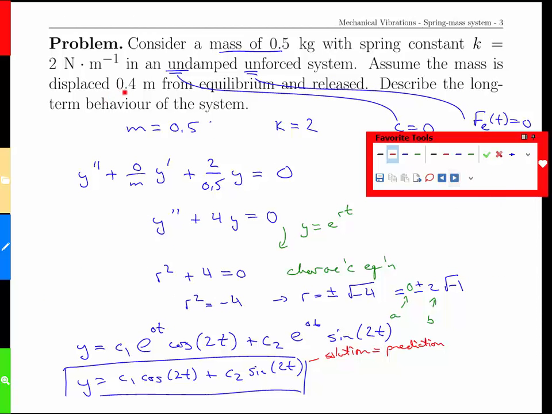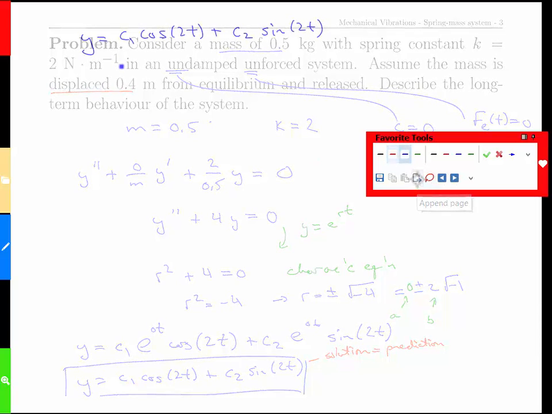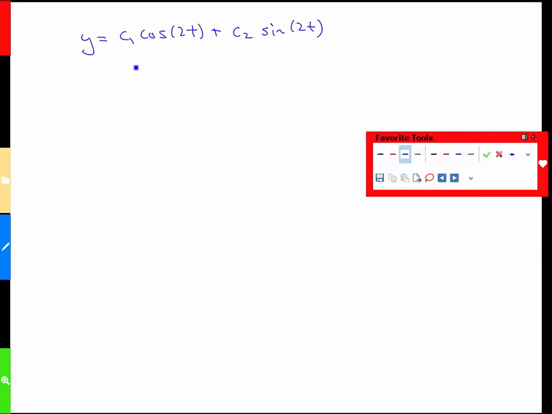Now in this particular case, we have a particular solution we're looking for, not the general one, but the solution which satisfies that there's a 0.4 meter displacement from equilibrium at the initial start. So we're going to use that information to nail down what C1 and C2 might look like. The initial condition given is that the displacement, which is y, would be 0.4 meters at the initial time, and we usually define that to be our t equals 0.